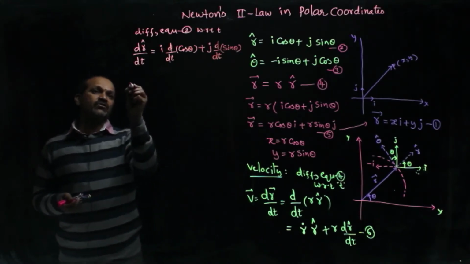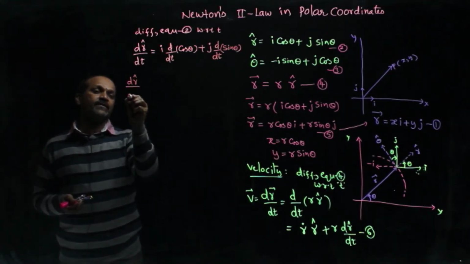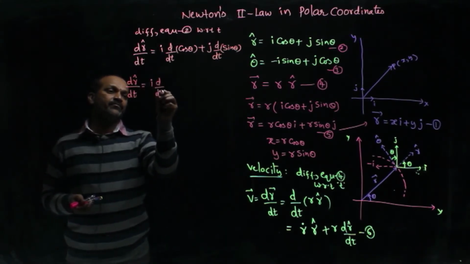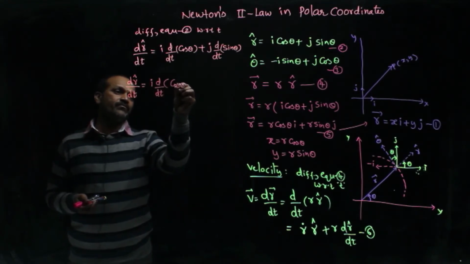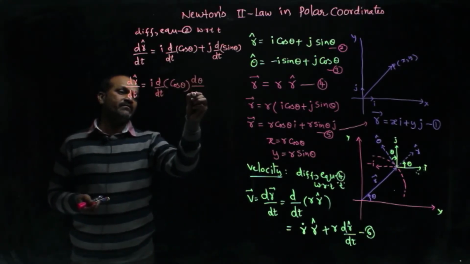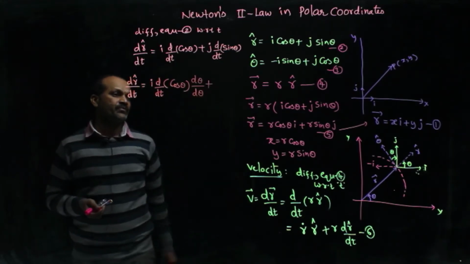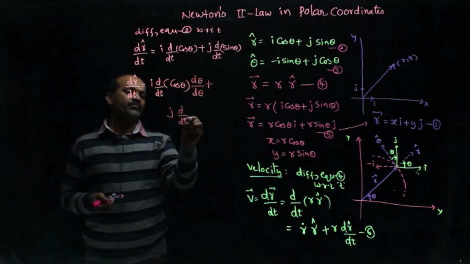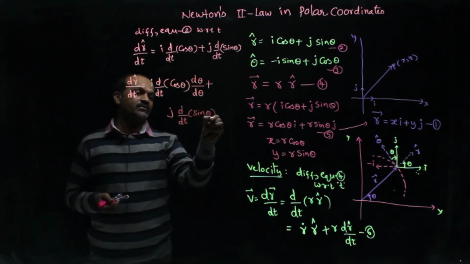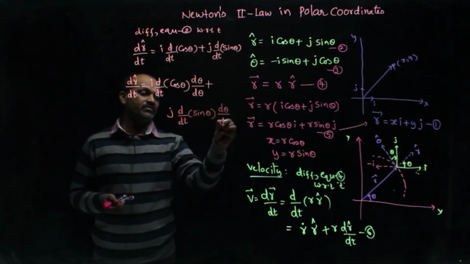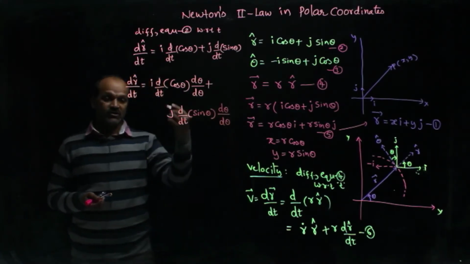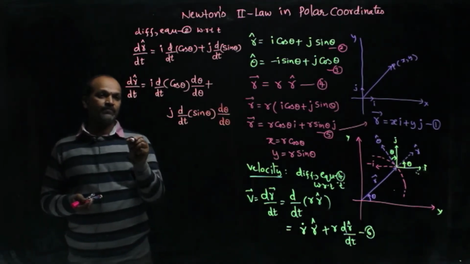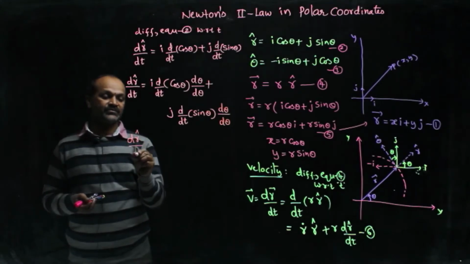And one more thing we can do. dr cap by dt is equal to i into d by dt of cos theta, let us multiply and divide with d theta, plus j into d by dt of sin theta, again multiplying and dividing with d theta, because cos theta is there and we need the theta parameter also, because changing theta is there.